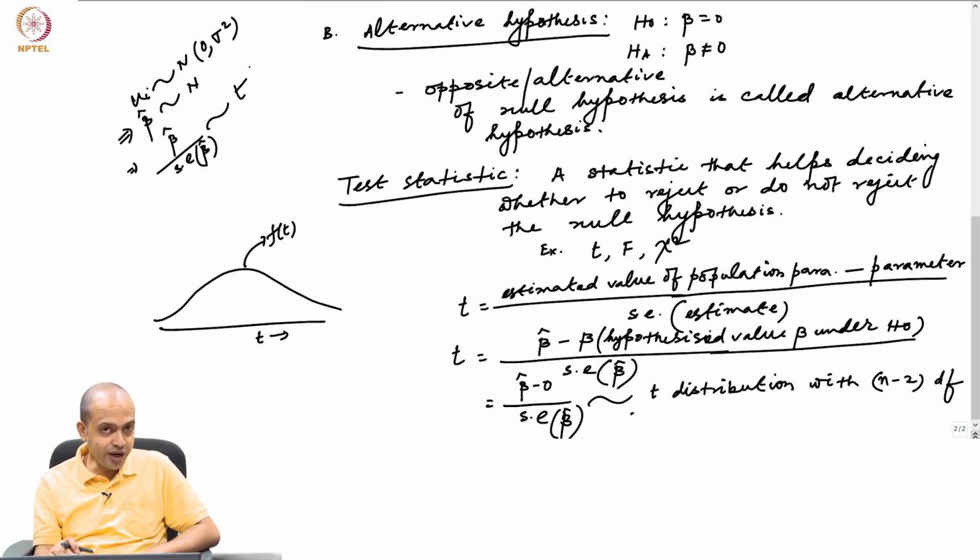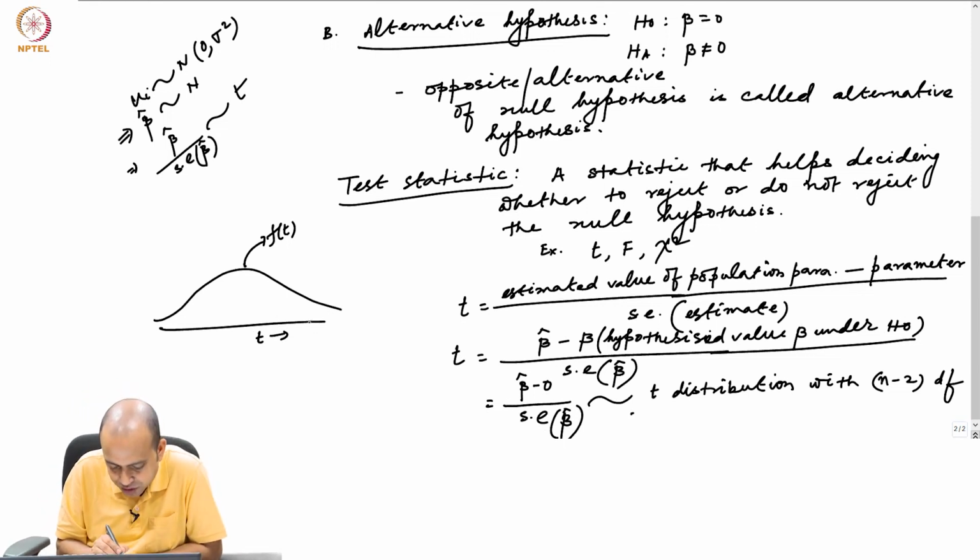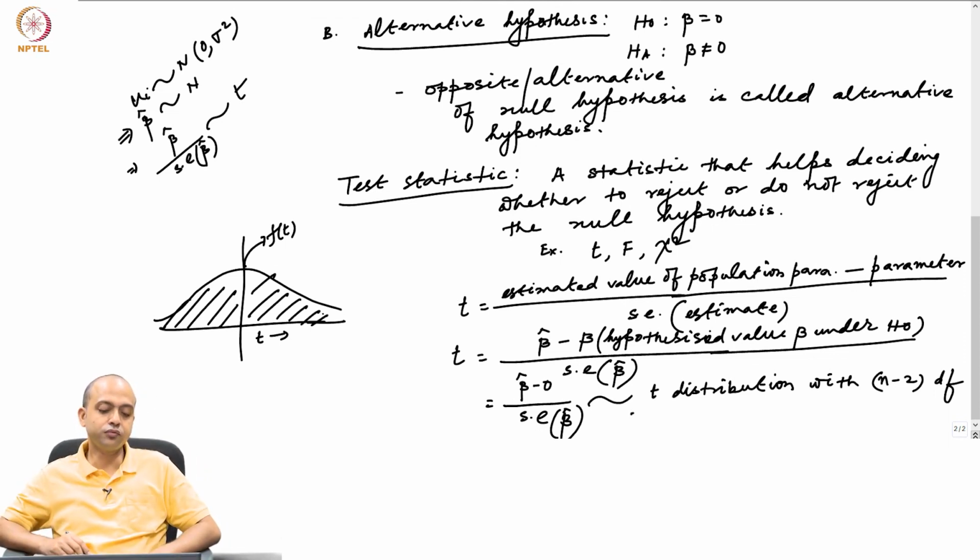So, when we divide beta hat by standard error of beta hat, the resultant distribution, which is actually t, becomes a little flatter than the normal distribution, but it has the properties of the normal distribution, basically symmetric around the mean value. Okay. This is how the test statistic is defined.